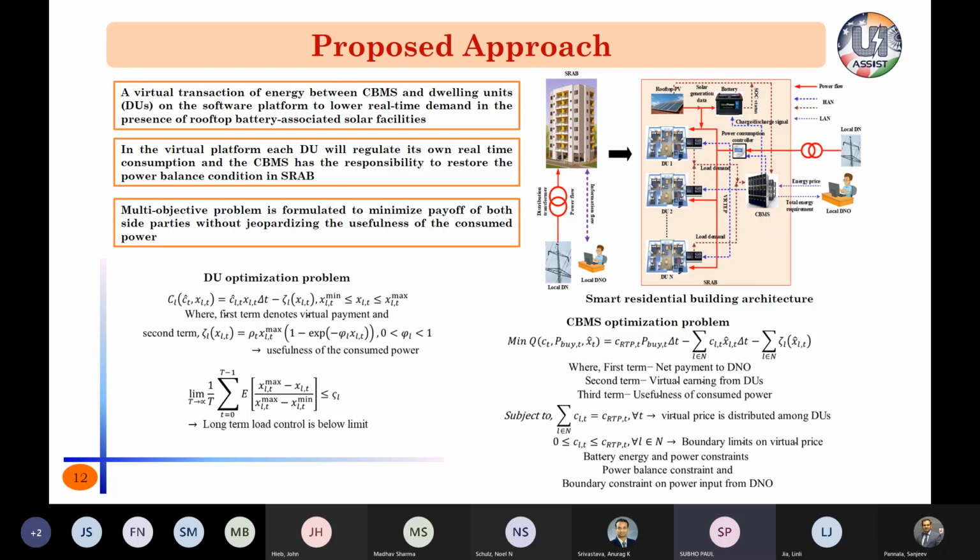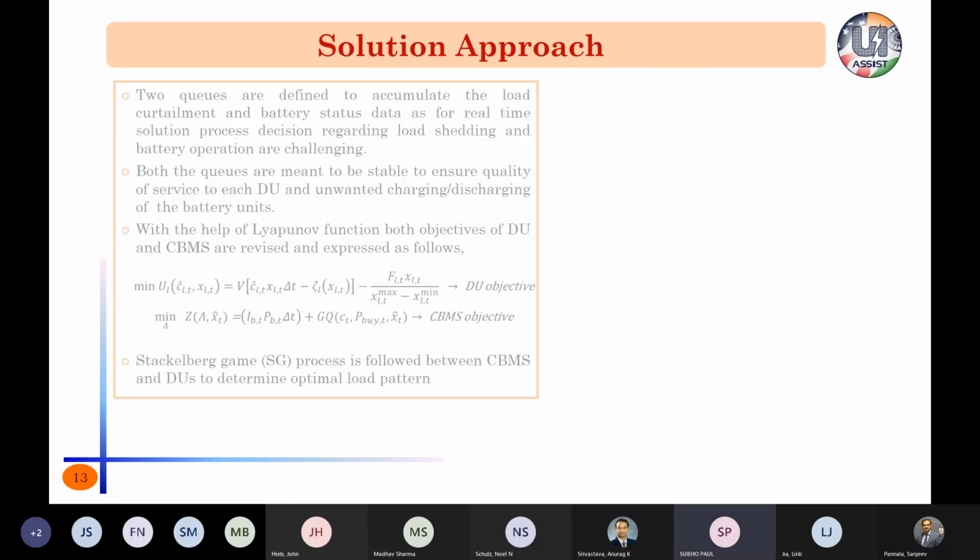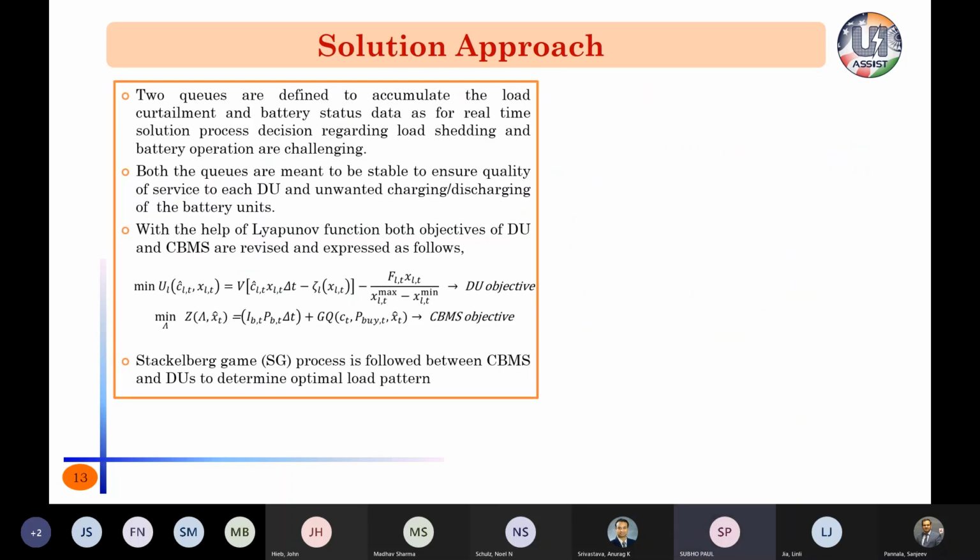Further, the CBMS also has the responsibility to maximize its earning, that is, to minimize the total power purchasing cost from the local DNO, and maximize the comfort of the consumers, every flat's owner. The solution approach is mostly a non-convex programming problem, so for that we have linearized or convexified it with the help of the Lyapunov optimization process.